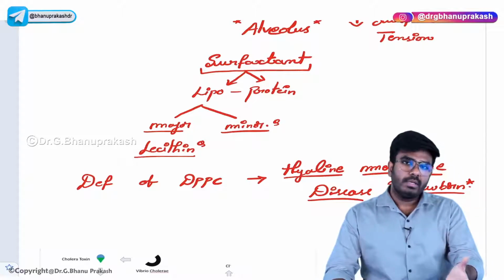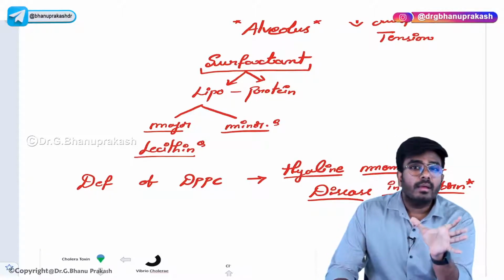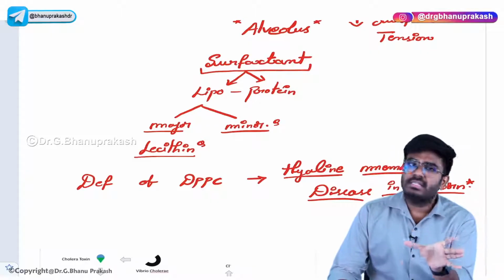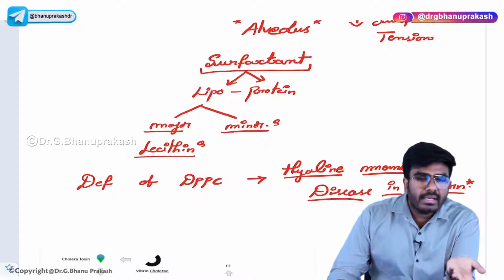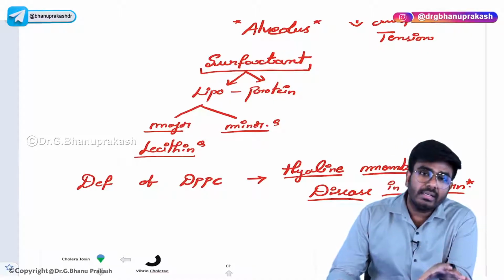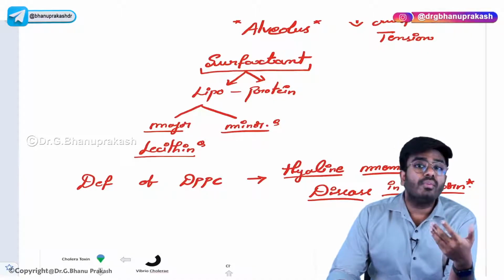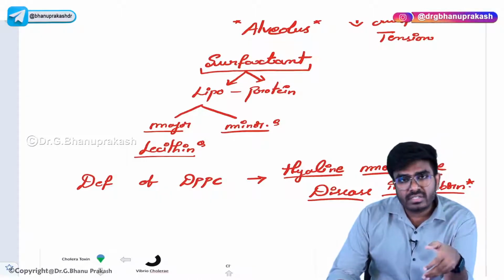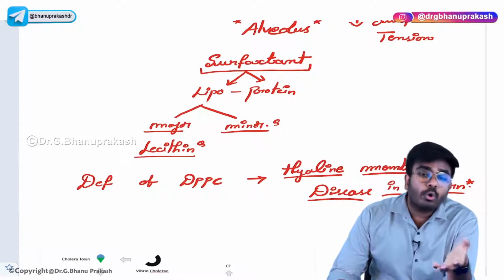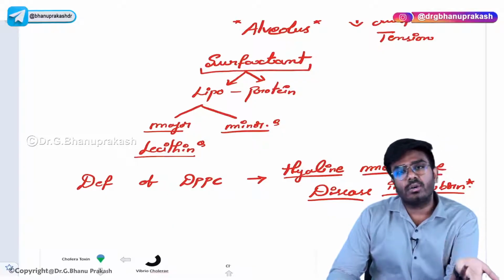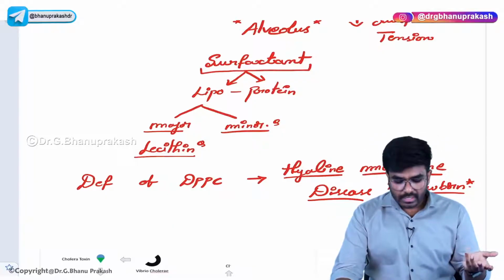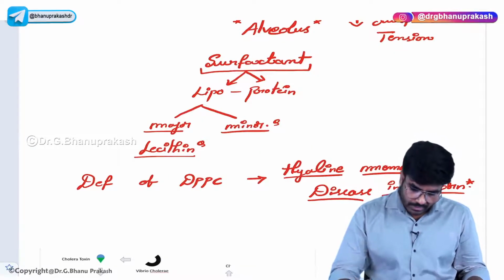See, it's very simple. In the newborn, there is deficiency of this lecithin. Whenever there is no lecithin, there is no surfactant. Whenever there is no surfactant, the surface tension forces are very high. Such high surface tension forces will cause collapsing of the lung, causing distress in the baby. So that is called hyaline membrane disease or respiratory distress syndrome.